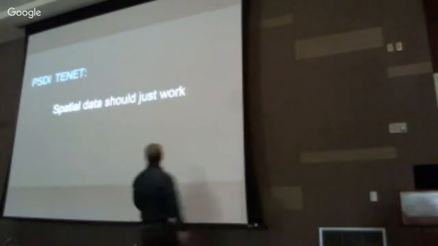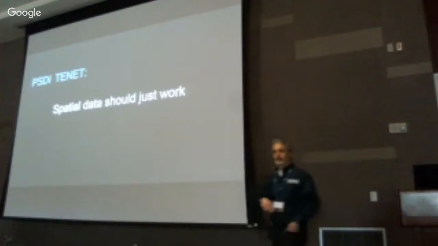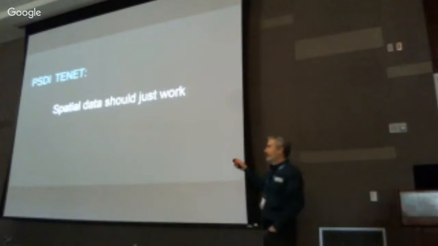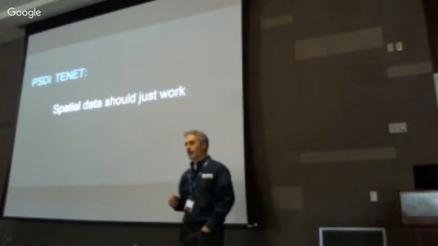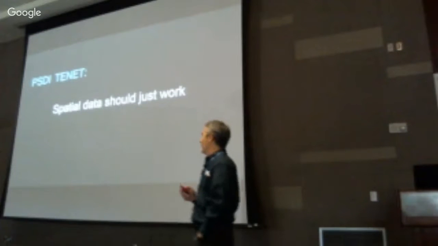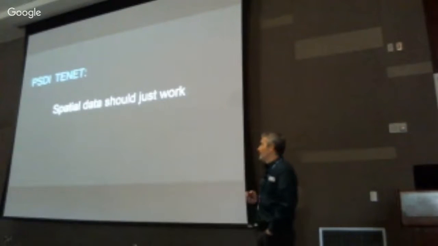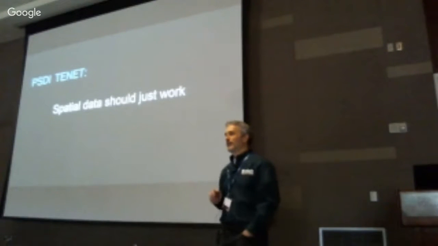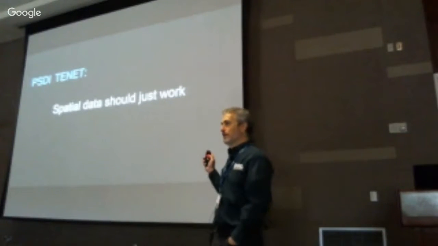So what we're talking about tomorrow is this thing called planetary spatial data infrastructure, and one of the tenets is spatial data should just work. So that's a loaded statement. And so I have several examples from this meeting about topics of why we want to make this statement more true.